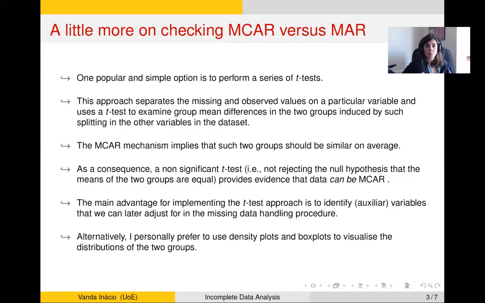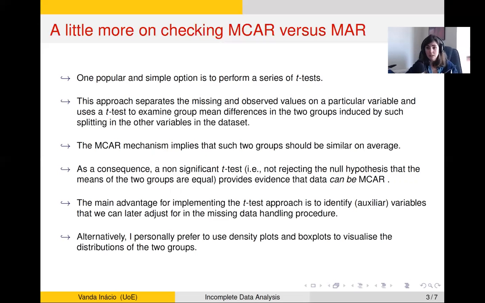What we will try to check is, on the variables that we observed and that don't have missing data, we stratify by missingness on the variable that has missing values. So for each variable that is observed, I create two groups: one group that corresponds to those who have observed values in the variable that has missing values, and one group that corresponds to those that have missing values on that variable.